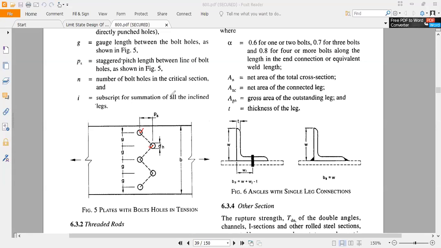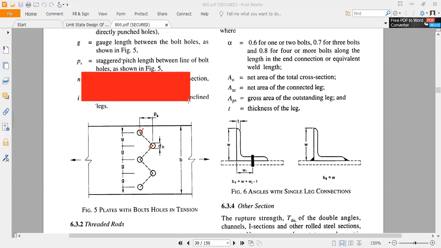Okay, so see why you should deduct this DH. Why not pi by 4 D square? Okay, so you see in this cross section, let me draw it. This is the plate. Okay, you are seeing the top view.